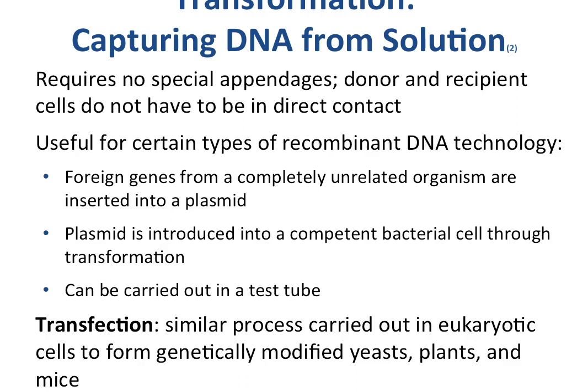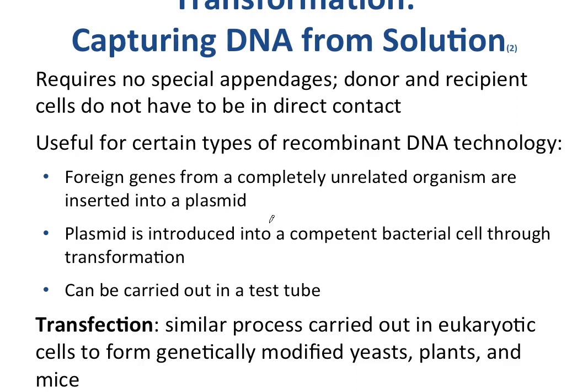For example, first we can make a plasmid. The plasmid contains the genetic information that we need to produce a certain substance, and then we add the plasmid to the medium. So the cells can take up the plasmid and produce the substance.